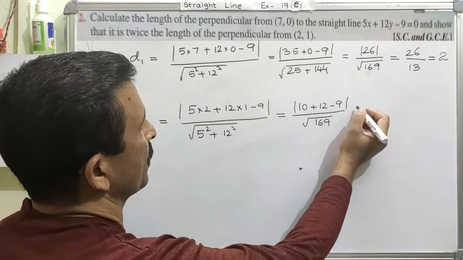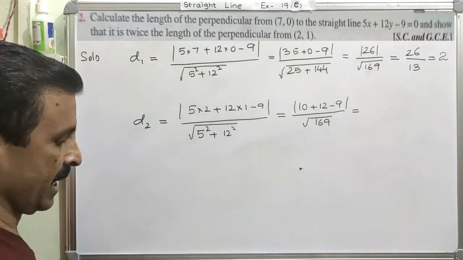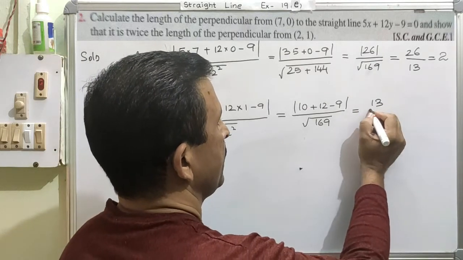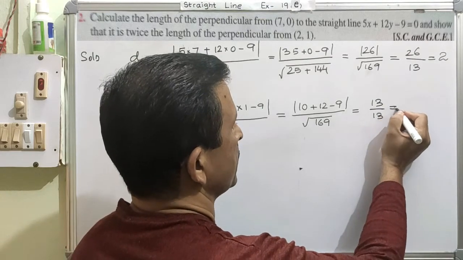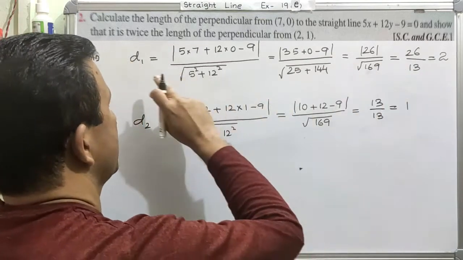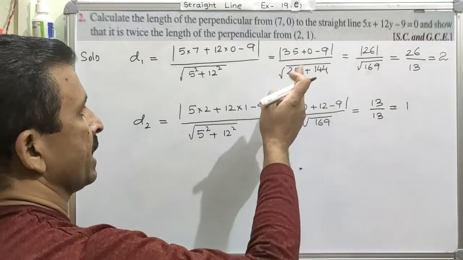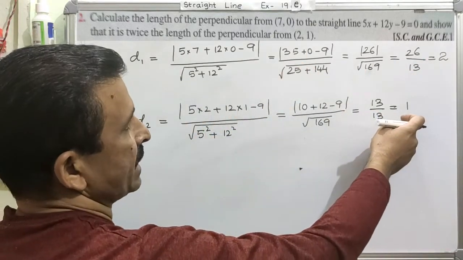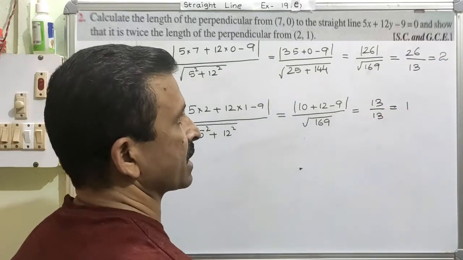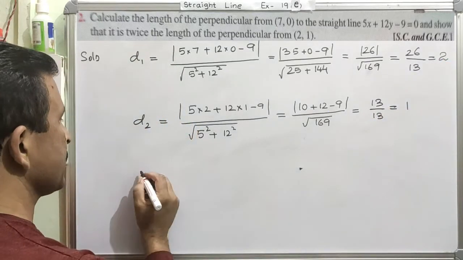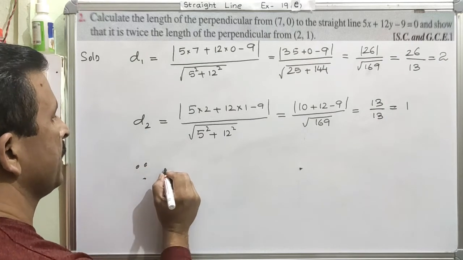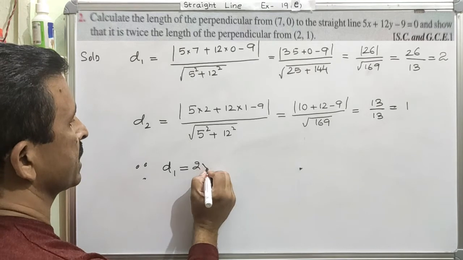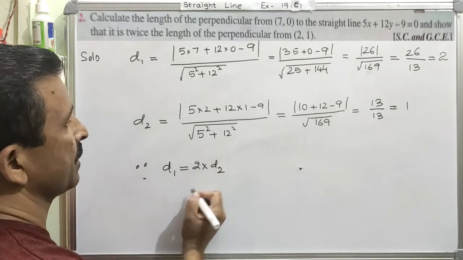Already we have calculated this before, so we know it. 22 minus 9 is 13, and this is 13 divided by 13, which is equal to 1. Now you can see the distance of the first point from the line is 2, and the distance of the second point from the line is 1. So we can easily say that this distance is 2 times this distance. Is it okay? So we can say, since d1 is 2 times d2.